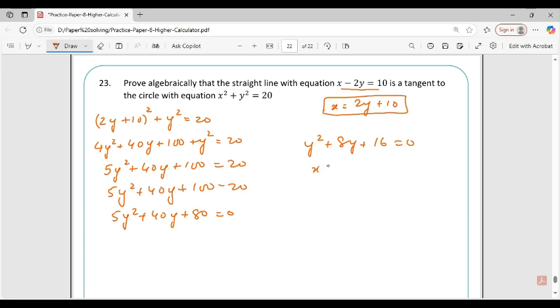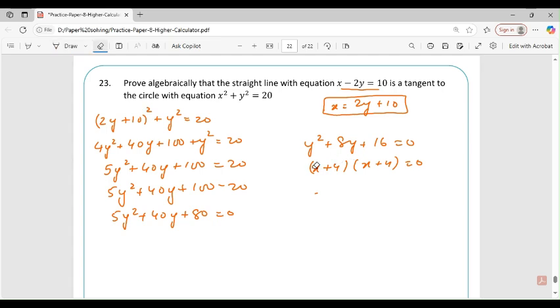Now after this, I can factorize this very easily. It's going to be y plus 4 and y plus 4. In here, I should write y instead of x.